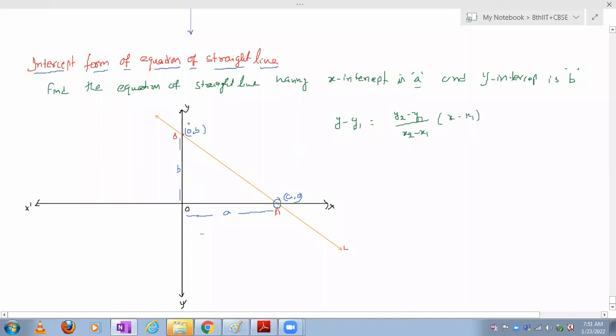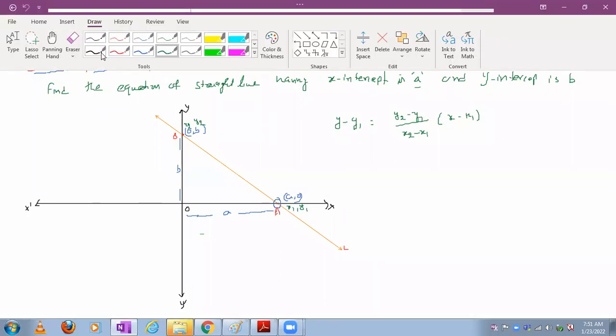Here you need to substitute, in the place of x1, y1, a comma 0. So x1 is a, y1 is 0. Here in the place of x2, y2, x2 is equal to 0 you have to put, y2 is equal to b you have to put. Now rewrite the equation of straight line.